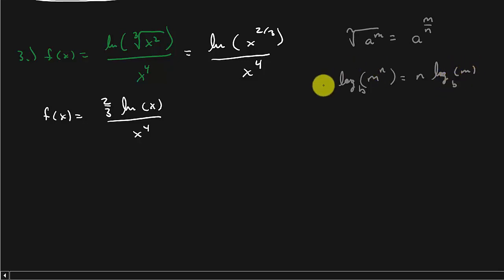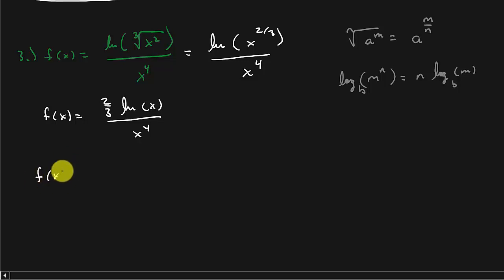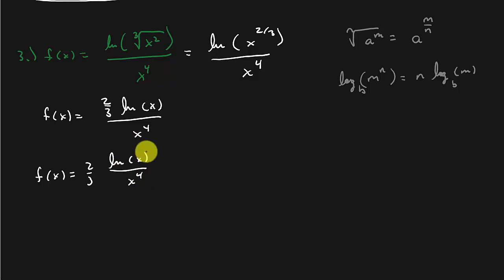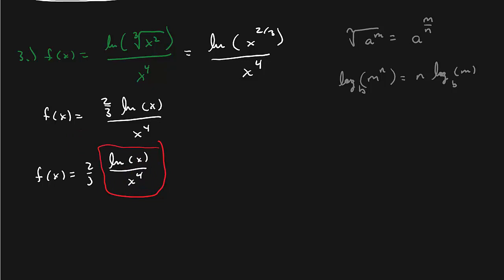We can take this exponent and bring it down in front. And then I would like to do f of x is equal to 2/3 times natural log x over x to the 4th. So I want to take the derivative of this part, and the 2/3 is just going to tag along with it. We'll multiply the 2/3 at the end after I take the derivative of this in red here.